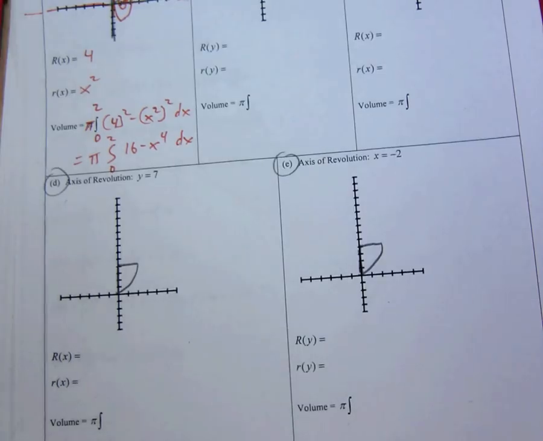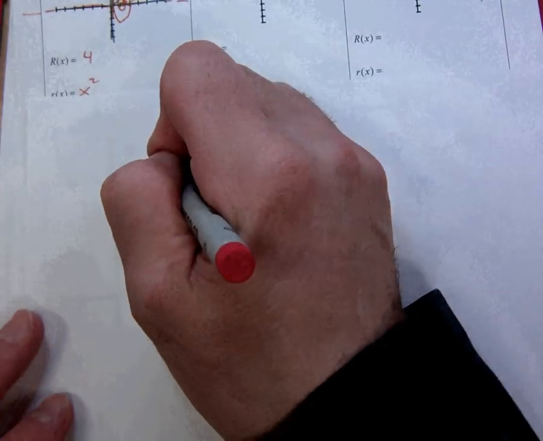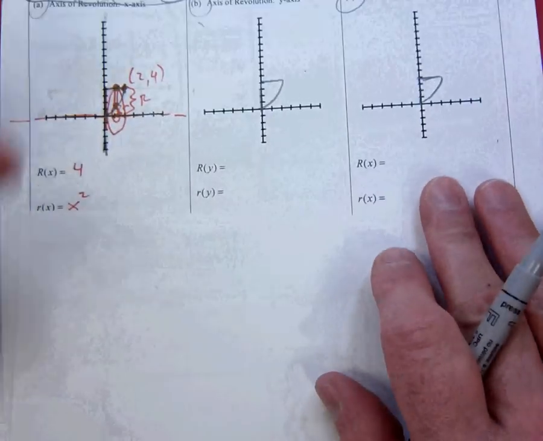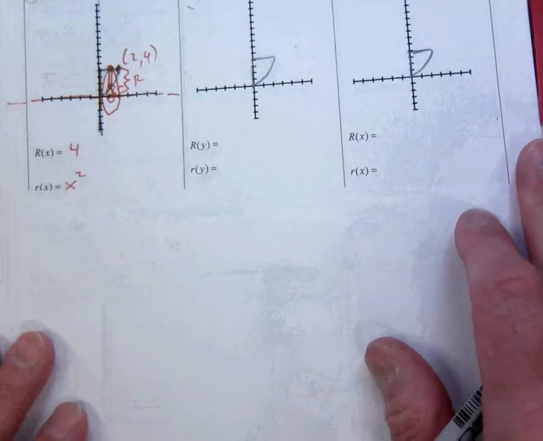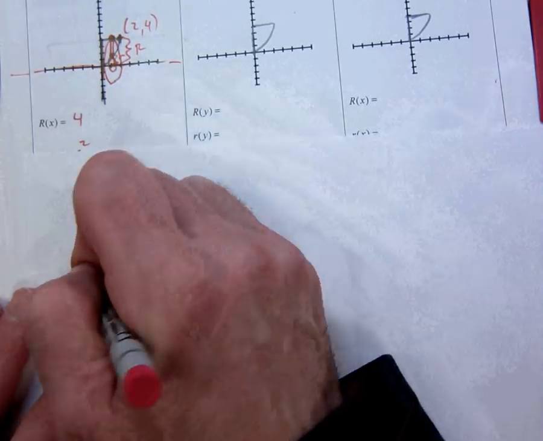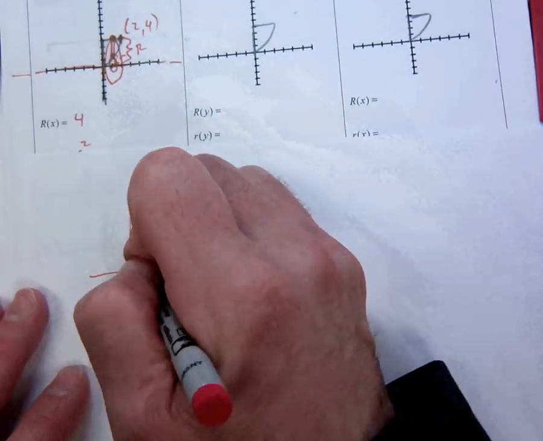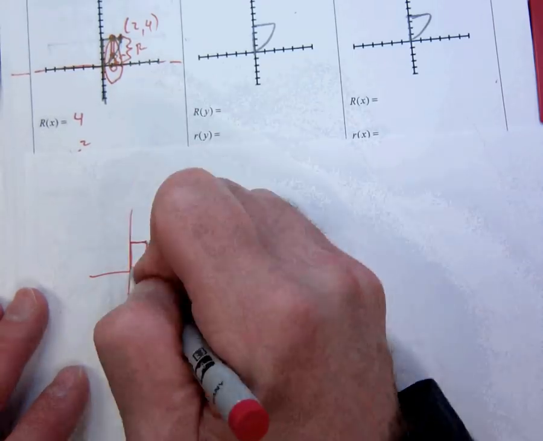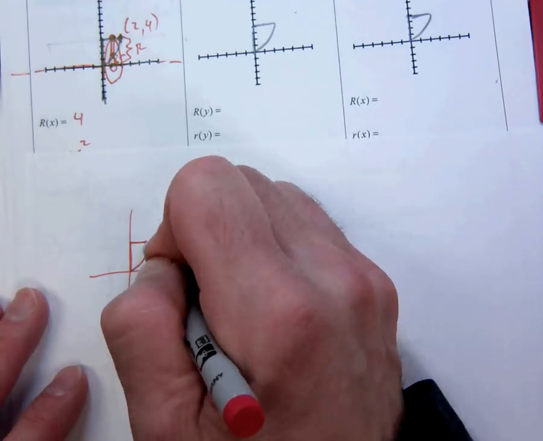Is that clear? Yes? And by the way, I didn't really describe what the solid looks like. I mean, you really don't need to do that as long as you're able to rotate the rectangle. I don't really care if you try and draw the three-dimensional solid, but if you're interested in seeing what it would look like, basically, again, this would swing around like this.